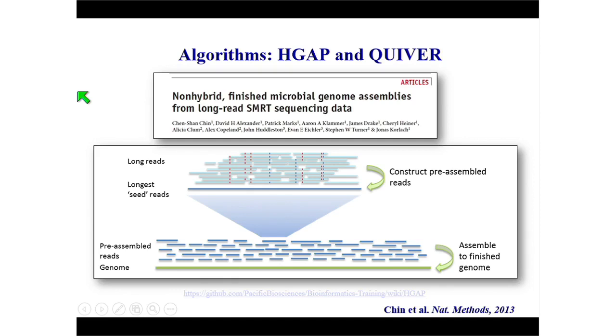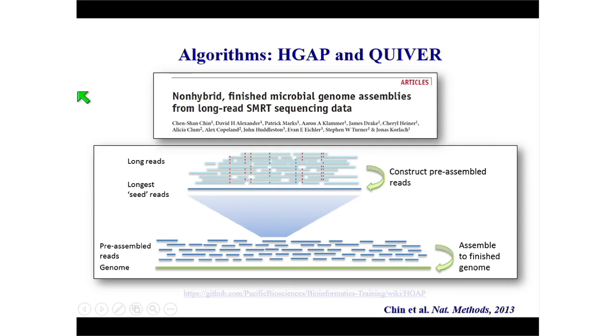And so the idea behind getting high accuracy sequence is that if you generate high accuracy sequence, you can take the shorter reads and you can error correct the long reads. These are called super reads. And you can in fact develop an error probability model, which is what the algorithm QUIVER in fact does, and compute an accuracy on the order of 1 error every 10,000 to 1 error every 50,000 base pairs.